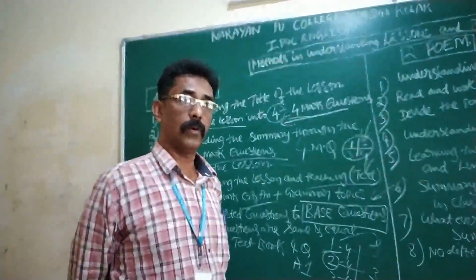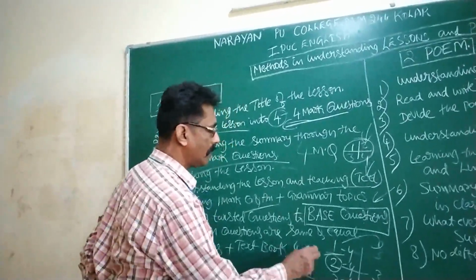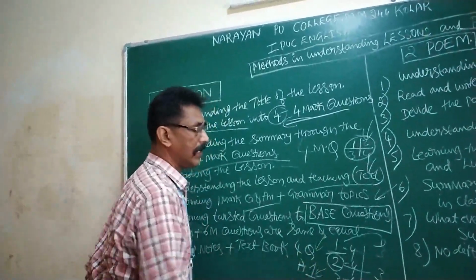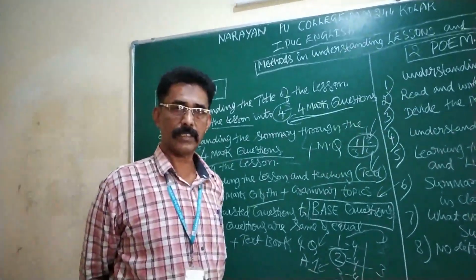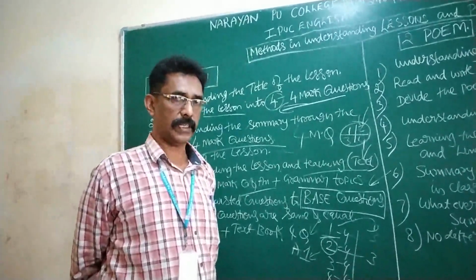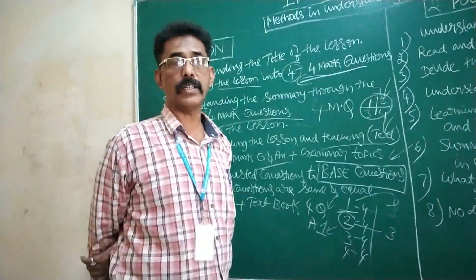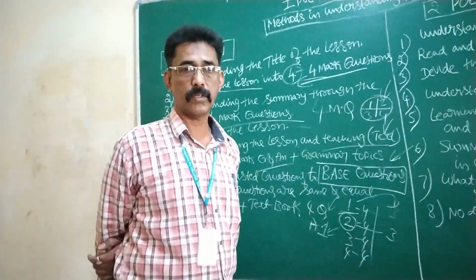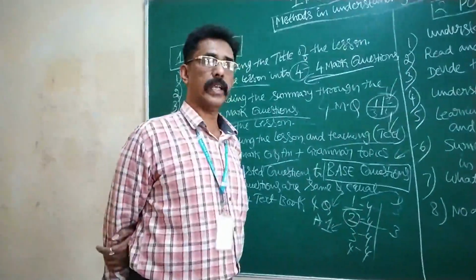Just as sounds are more than letters in English, similarly questions are more, the answer is limited. My dear student, understand this now. In first PUC and second PUC, questions are the bus, answers are the followers. Question is very powerful, answers can be learned.